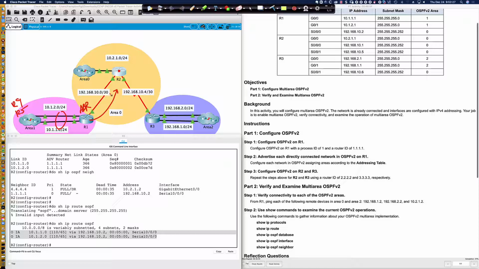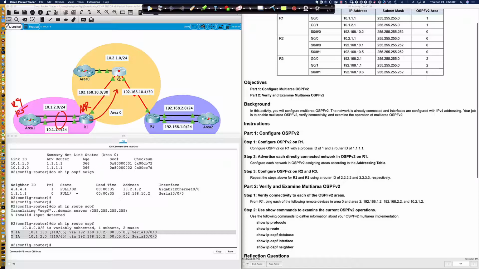Again, let me be clear, because I don't want you to walk away thinking, oh, OSPF is a hybrid routing protocol, and it's distance vector and it's link state. No. OSPF is a link state routing protocol. Full stop. Period. Punto final, right? OSPF is a link state routing protocol. It will always be a link state routing protocol. However, when you are using multiple areas, it behaves just like a distance vector routing protocol, does it not?